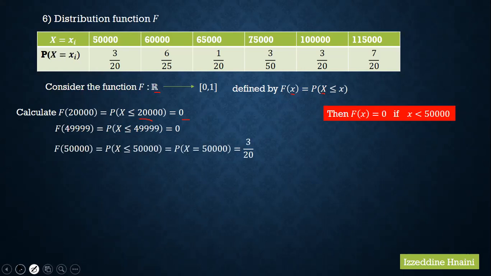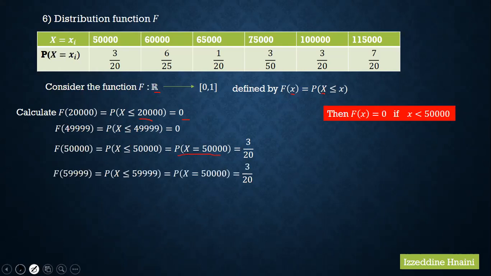Third example, F(50,000) is the probability that X is less than or equal to 50,000. Here, it is possible for the random variable to be less than or equal to 50,000, which is the probability that X equals 50,000, which is 3/20.